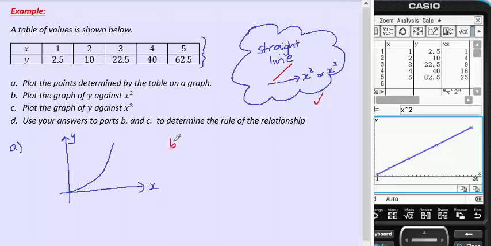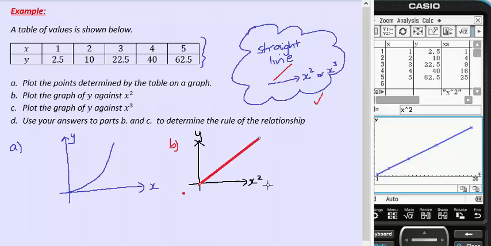So for part B, what ends up happening is, for my x squared, remember that's the name of my axis now, and my y, I end up getting a beautifully wonderful straight line. So let's show the straight line there.